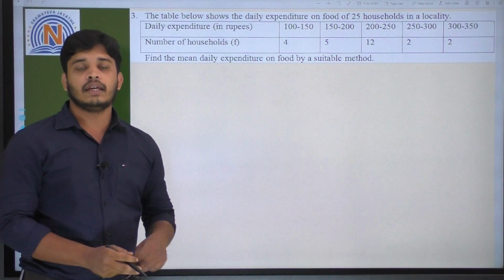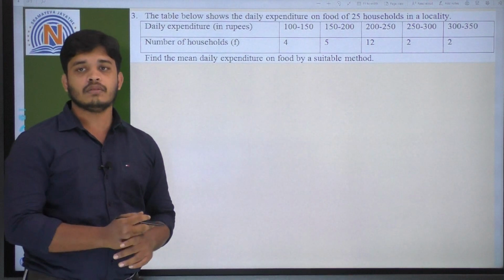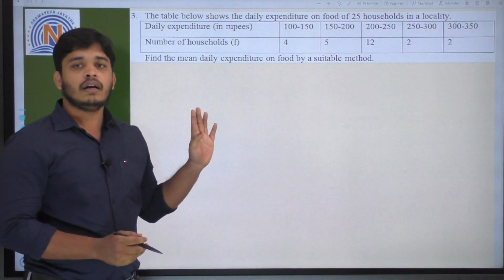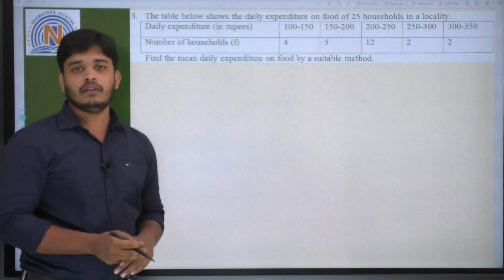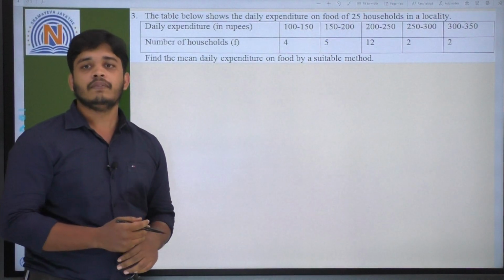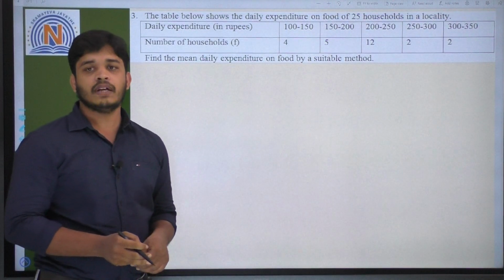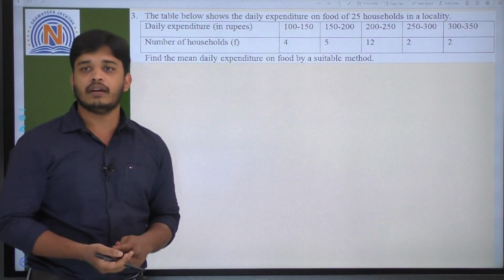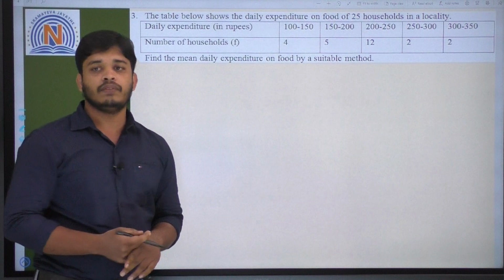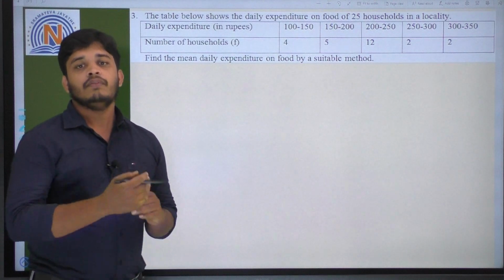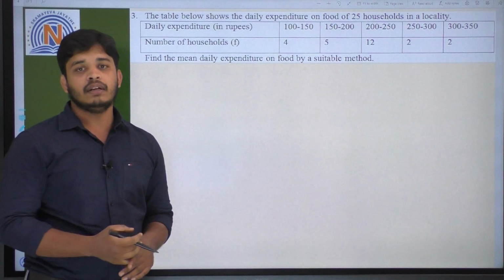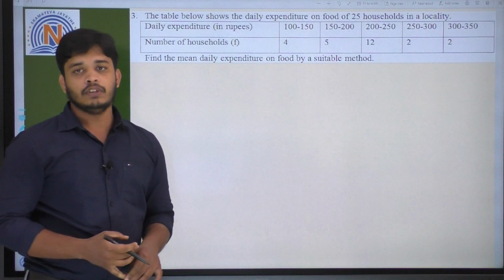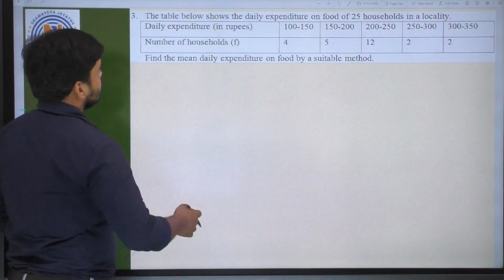So 100 to 150, how many householders are there? 4 members. 150 to 200 is 5 members, 200 to 250 is 12 members, 250 to 300 is 2 members, and 300 to 350 is 2 members. Now we need to calculate the mean daily expenditure on food.